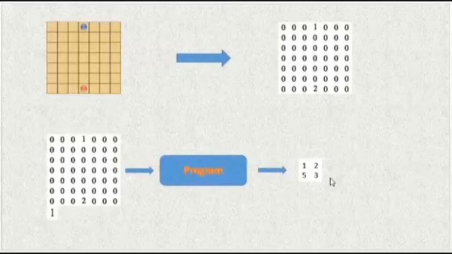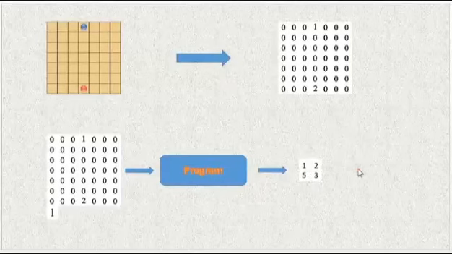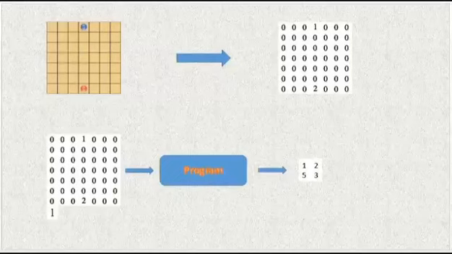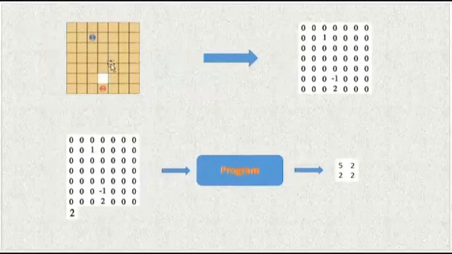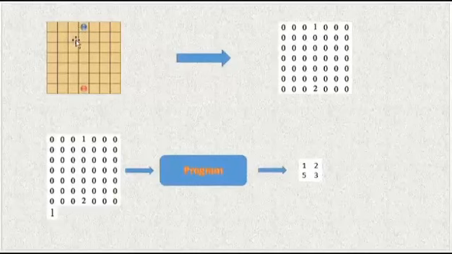Let me explain clearly. This is the input given to your program and the output is given like this to our interface. Then our interface will deal with the board and turn it into a situation like this. That is, your coin, the blue coin, has moved to the position 1 comma 2, that is here.